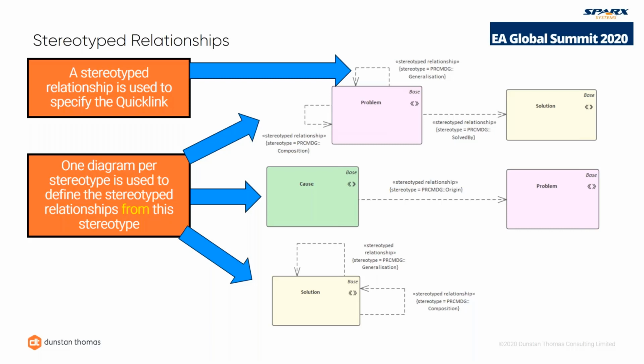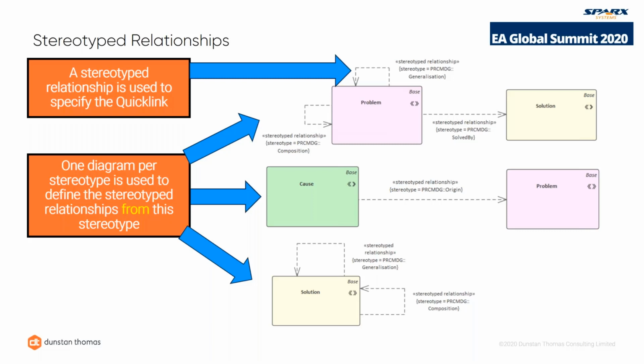So I say, let's look at problem. Let's now see what problem links to as the source. Don't try and mix source and targets up. You'll get in a mess. Same with cause, same with solution. So one diagram for each. It doesn't take much longer, but it's far easier to maintain. Really, really is far easier.